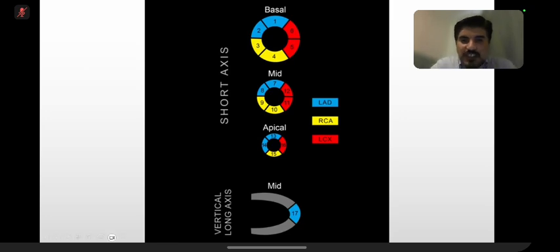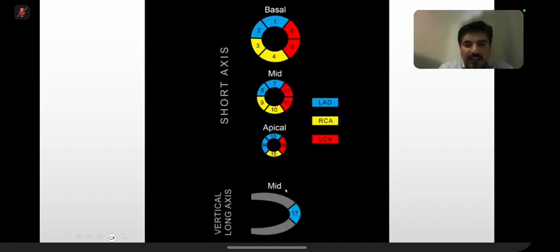You have three coronary vessels, LAD, RCA, and LCX. As described through the anatomy, these are the different sections of the cardiac myocardium. If this is the long axis or vertical axis, if I cut here, this is the basal section towards the base of the heart.